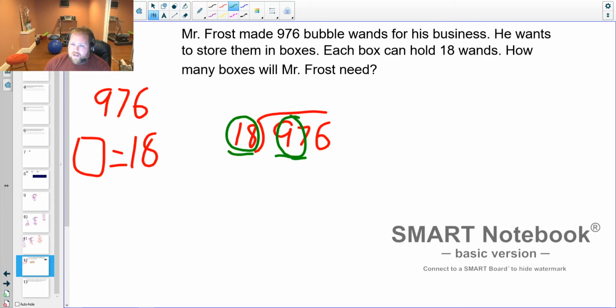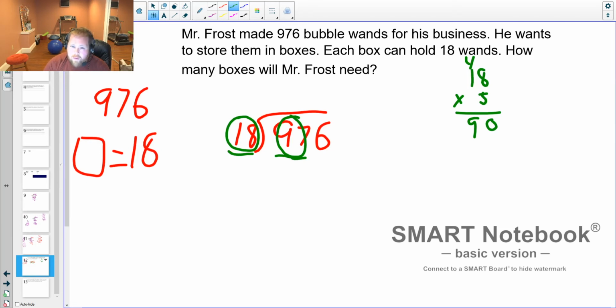I know that 20 times 5 equals 100. I'm going to find out what 18 times 5 is. So 18 times 5 equals 8 times 5 is 40. 5 times 1 is 5. 5 plus 4 is 9. So 18 times 5 equals 90.